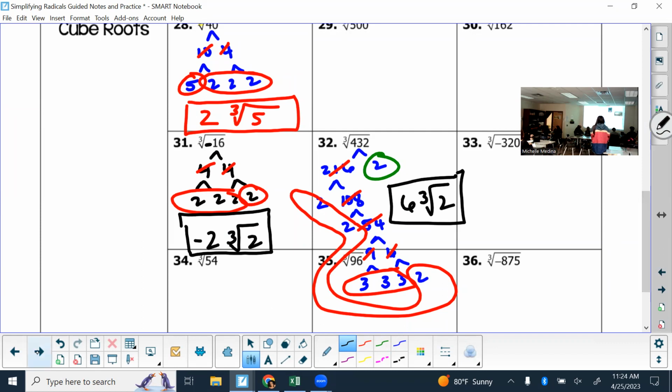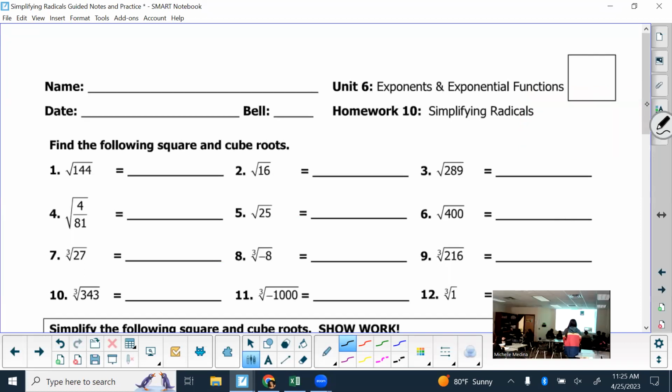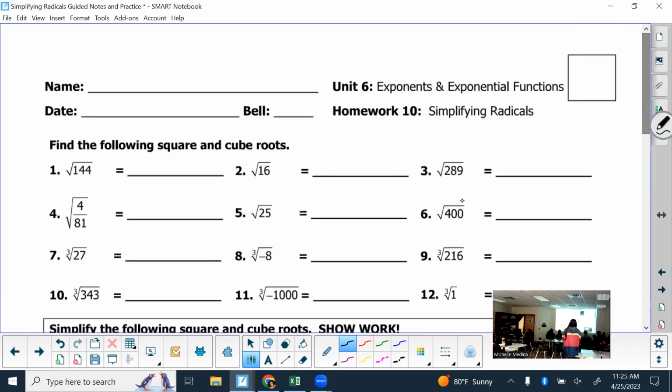Okay, so this practice, if you had me for algebra, this is what you were supposed to do Thursday, but I don't think everyone did, or maybe they didn't know how, or maybe they actually cheated. Regardless, I taught you now how to do it. So evens or odds, your choice. If you already have it done, great.